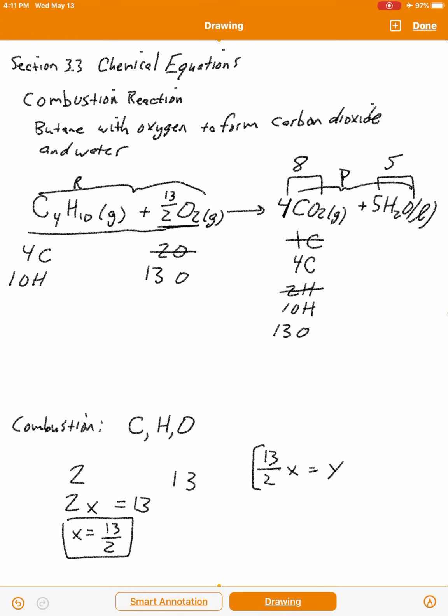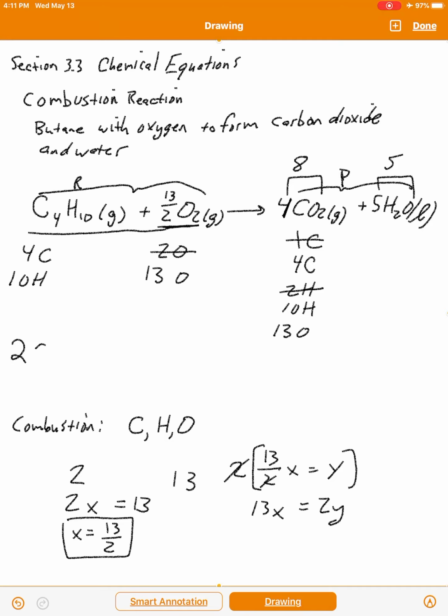So if I were to do that with this algebraic equation, what I would do is multiply it by 2, and that would give me 13x equals 2y, right? You're just multiplying both sides by 2. So that gets rid of the fraction. You do the same thing in terms of the chemical equation. So if you have a fraction, and the fraction is a half, 13 halves is 6.5, then just multiply everything by 2.